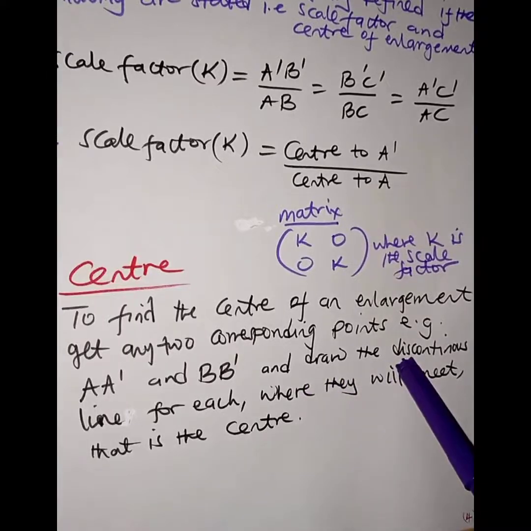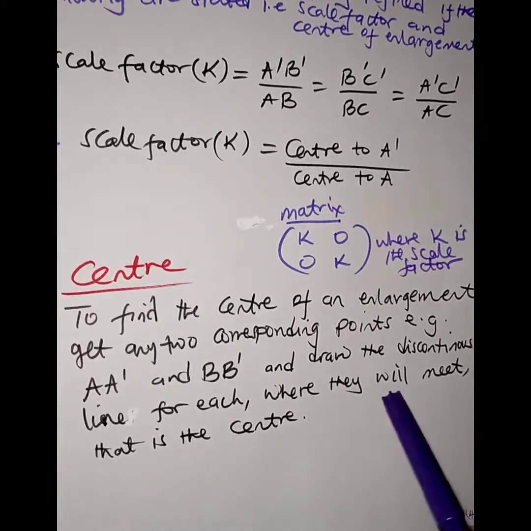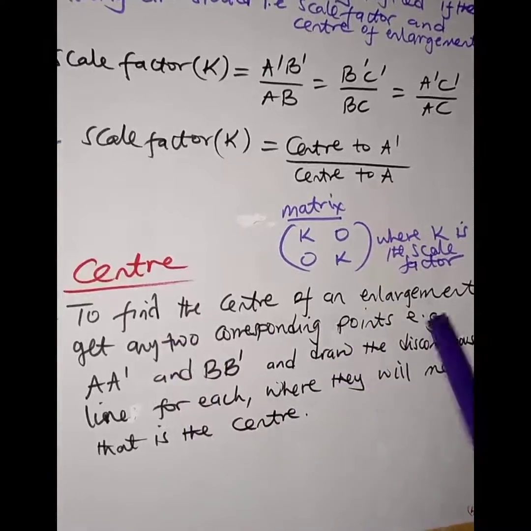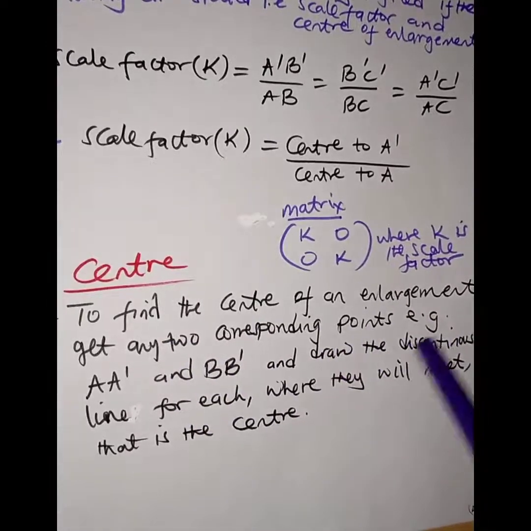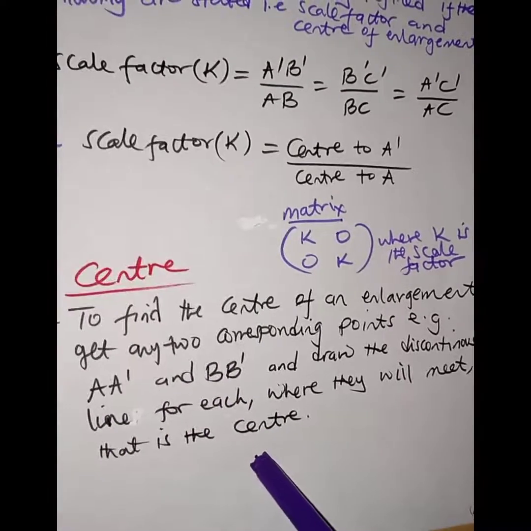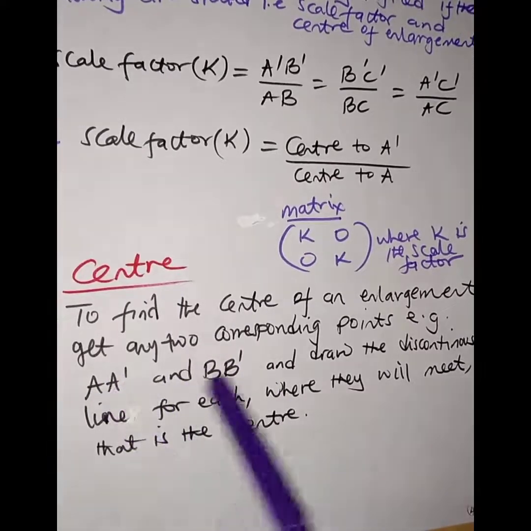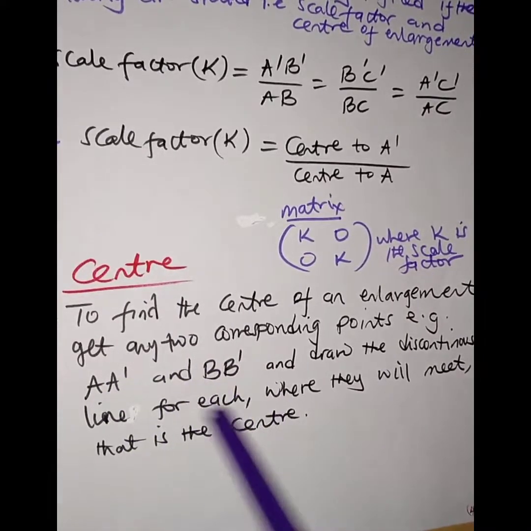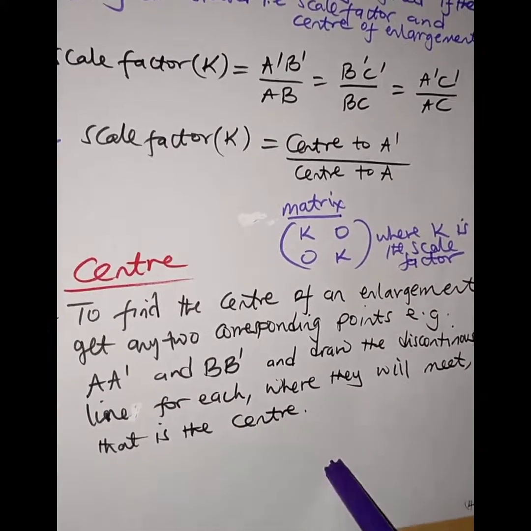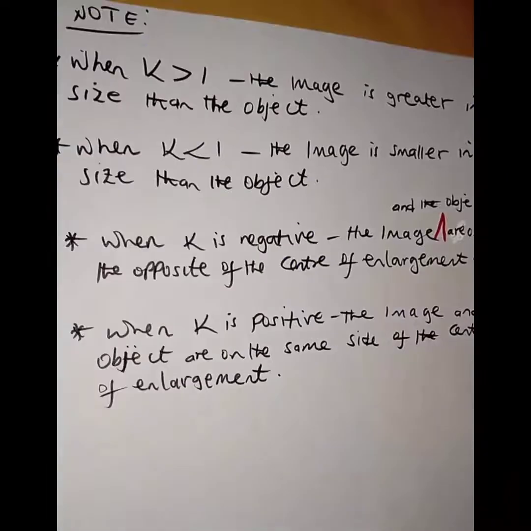Those dotted lines will meet somewhere, and that is the center. It can be (2, 2), (4, 4), (0, 0), or wherever.